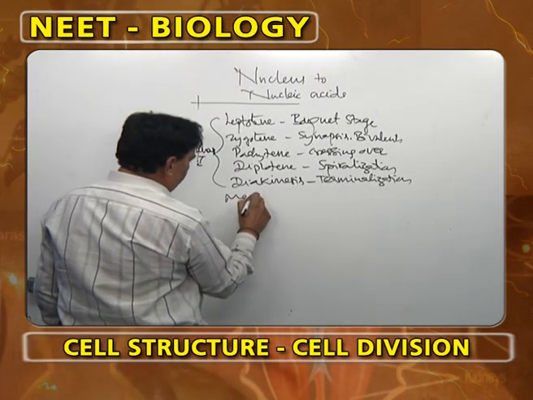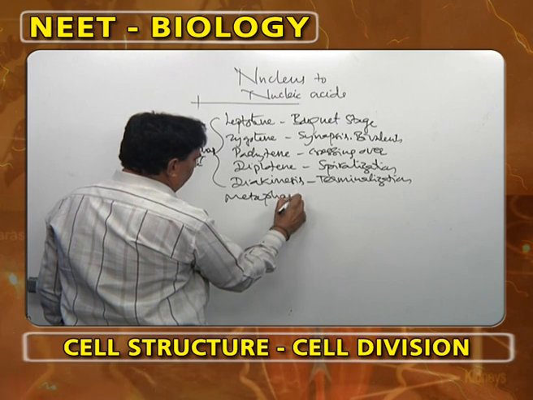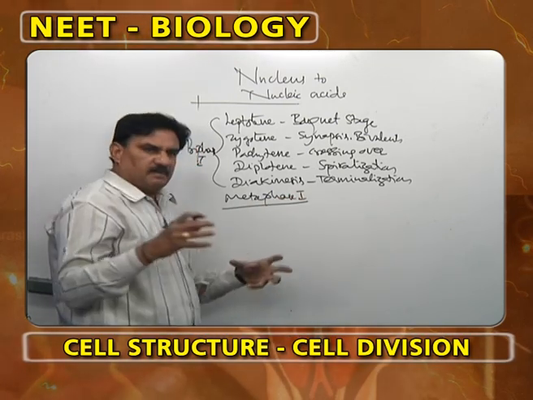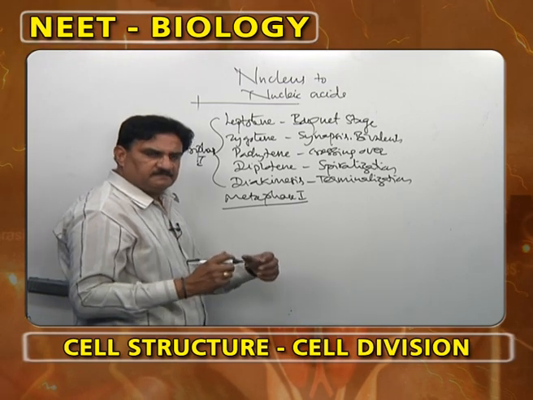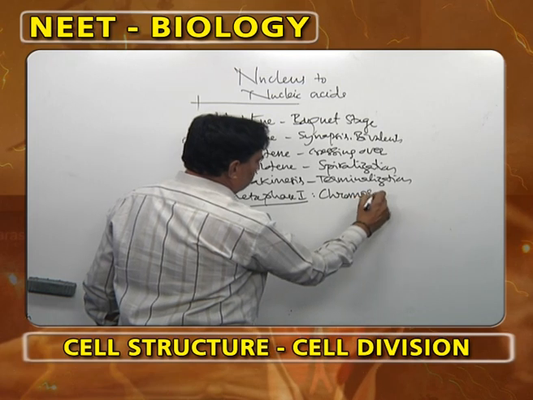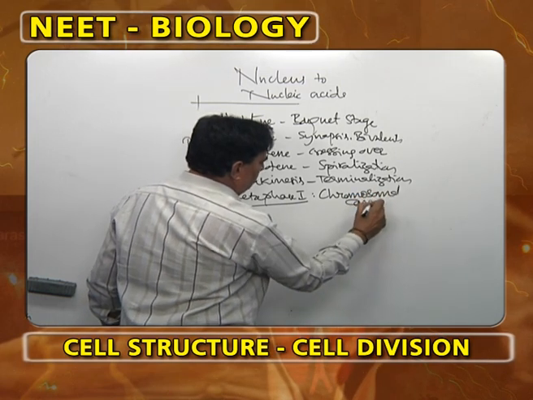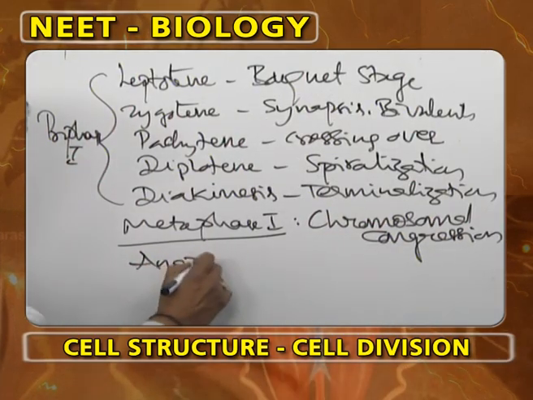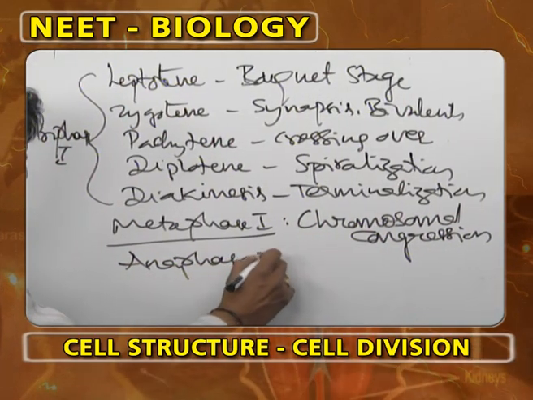Now coming to metaphase 1. In metaphase 1, all the chromosomes which are irregularly scattered in the cytoplasm are brought to the center with the help of spindle fibers. So that is called chromosomal congregation. Anaphase 1: chromosomes get separated.